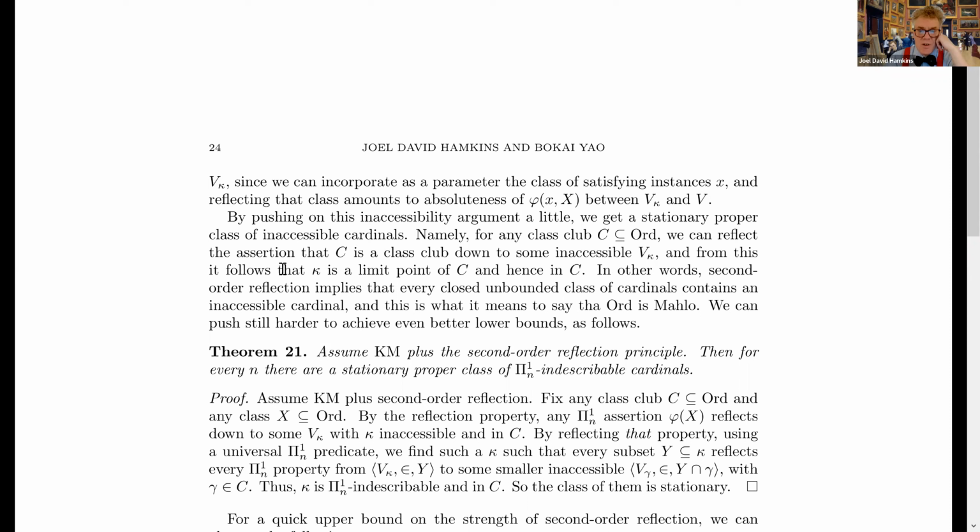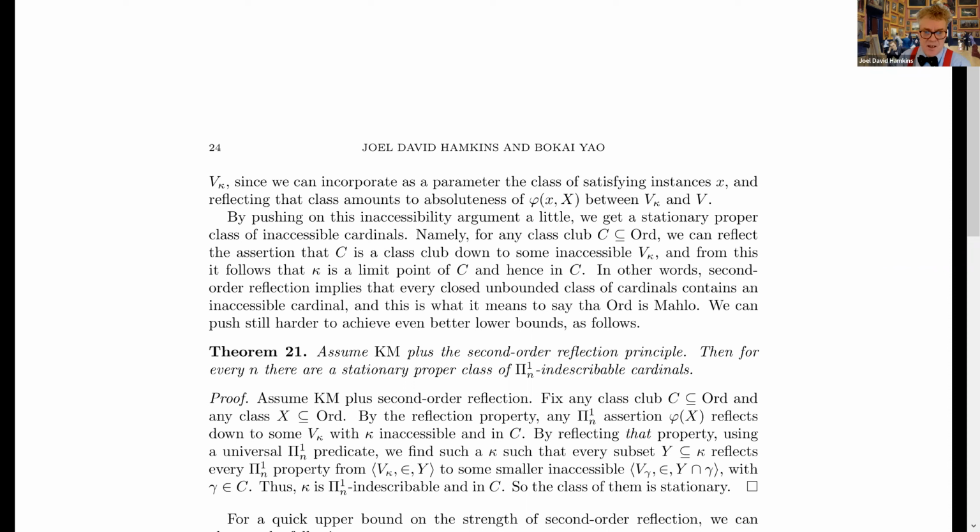So for example, if you just reflect GBC itself, which is a finitely axiomatizable statement that's true in a KM model, then you're going to get a V kappa, which thinks GBC is true when equipped with all of its subsets, but that means that the second order quantifiers are interpreted correctly.